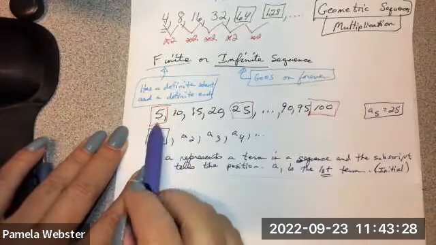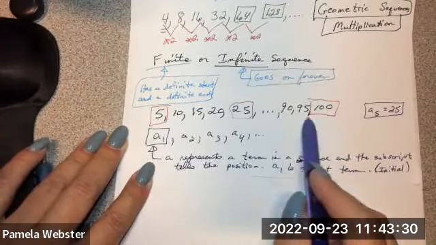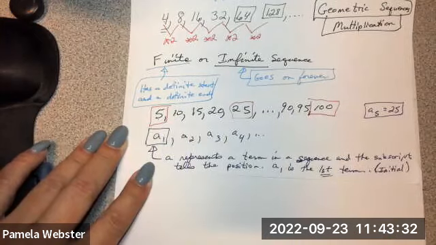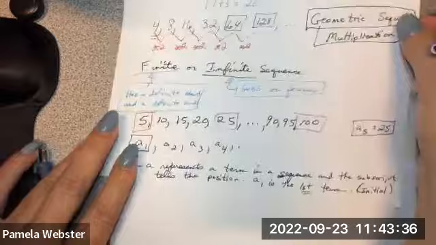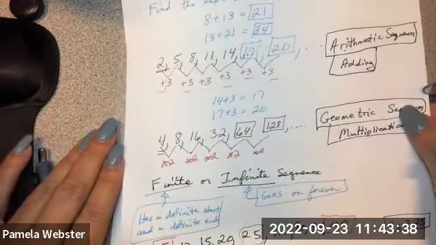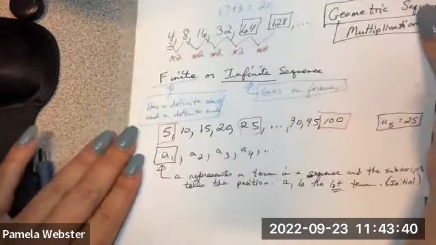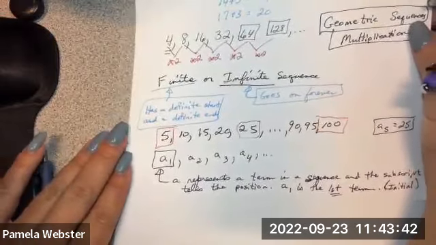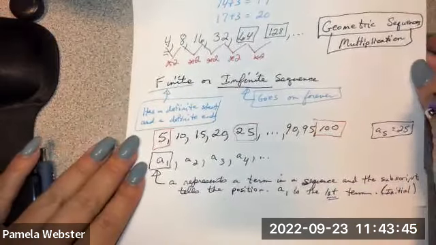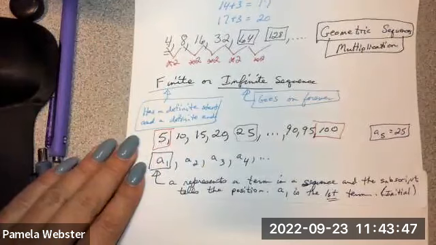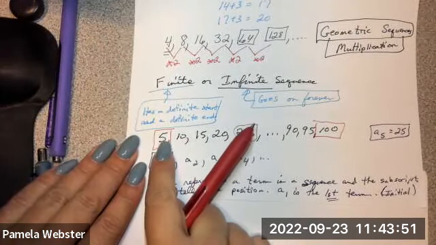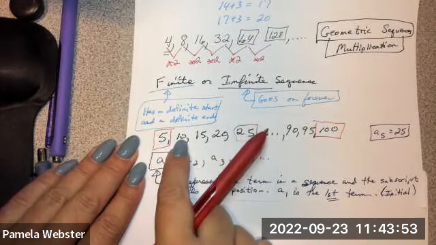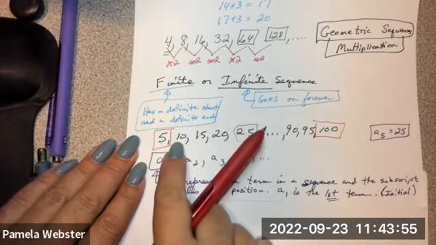By the way, I didn't ask, is this going to be considered an arithmetic or a geometric? Remember, arithmetic up above, arithmetic is adding, geometric is multiplying. So we know it's multiples of 5, so I just kind of skipped it, but just to make sure we know. To get from 5 to 10, you can do 2 things. You could either multiply by 2, or you could add 5.